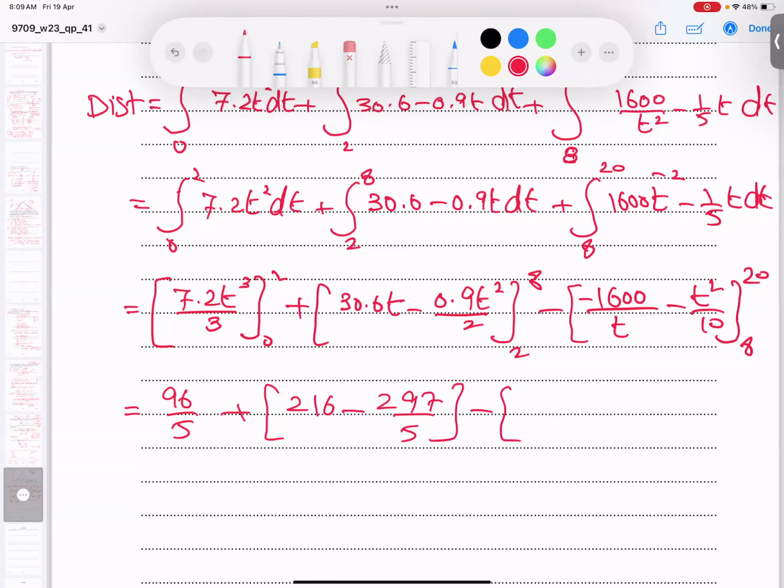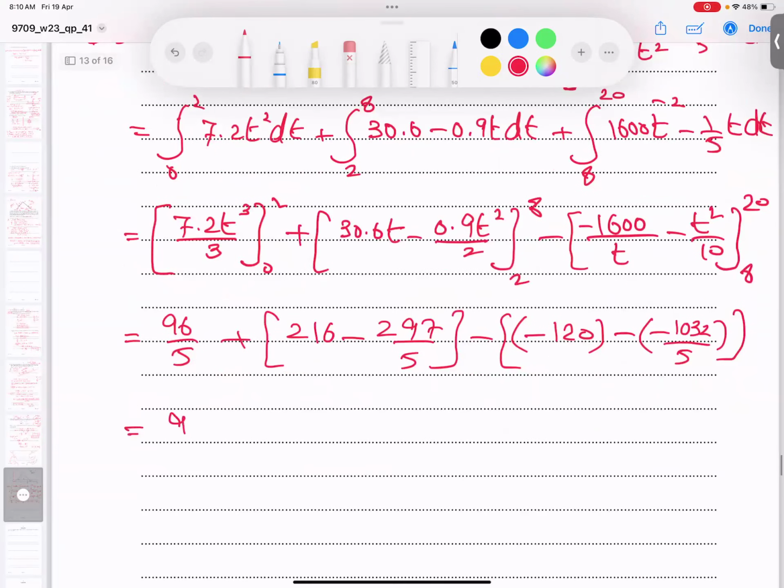So same story here. Minus 1600 divided by 20 and minus 400 divided by 10. Our first answer is coming negative 120 minus. So negative 1600 divided by 8, negative 64 divided by 10. I get negative 1032 over 5.